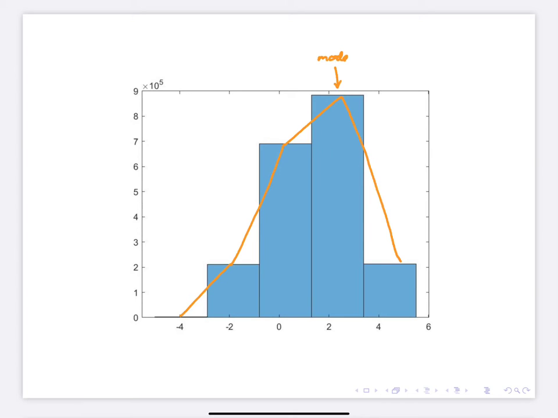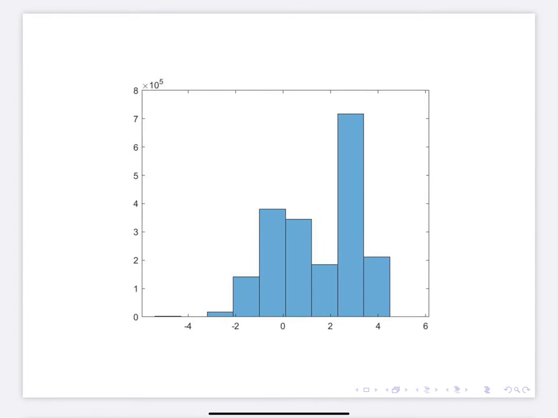Recall that when we discussed histograms in the past, we said that one thing we can do to improve the histogram is to increase the number of bins or the number of intervals. Here I have another histogram with double the amount of bins. Notice that this histogram shows us that there are two modes, one here and then one about here.